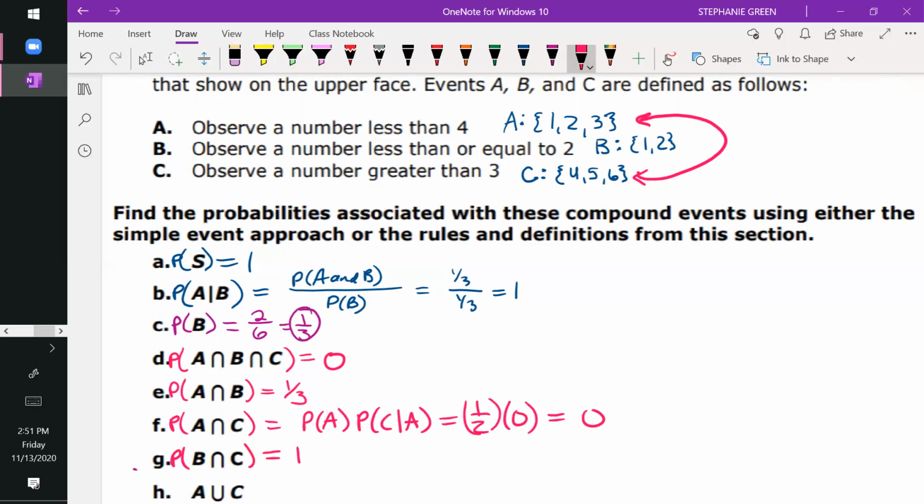But also, if I go through the process, probability of event B, there's 2 outcomes that satisfy event B, so that's 1/3. But the probability of C happening, given that B has happened, is again 0, because in event B, there is nothing that satisfies event C. So it is still 0.